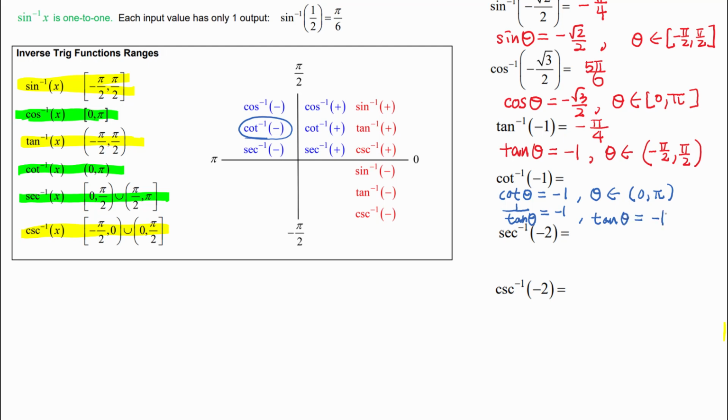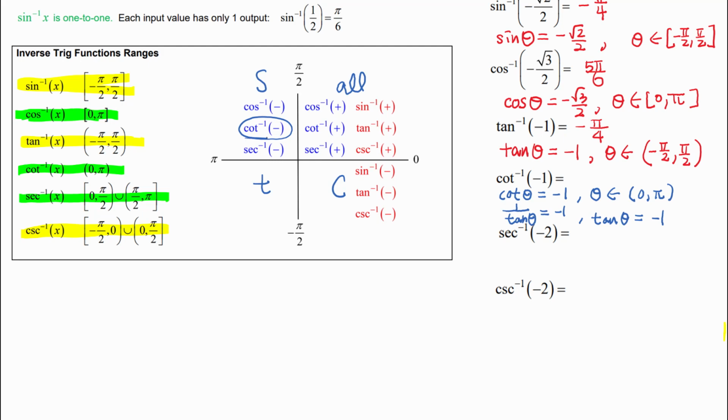Now, as you know, all students take calculus. Remember, I need to find the theta from 0 to pi because this is a cotangent theta problem, right? So now, unlike the problem before, even though tangent theta is negative 1, I need to find that angle from quadrant 2 because my answer can only be found from 0 to pi.